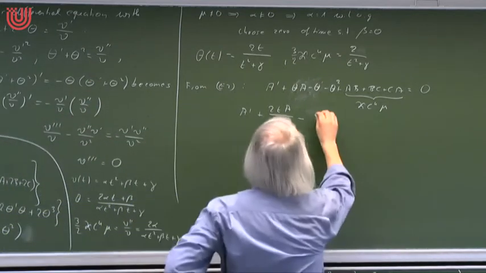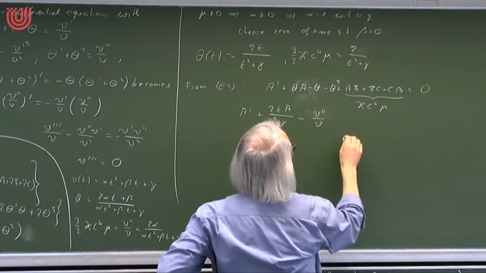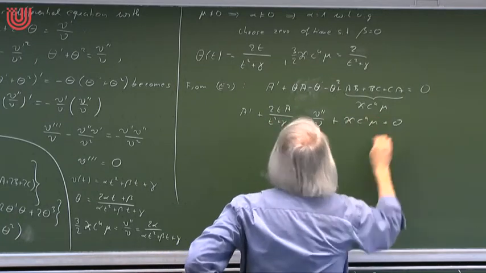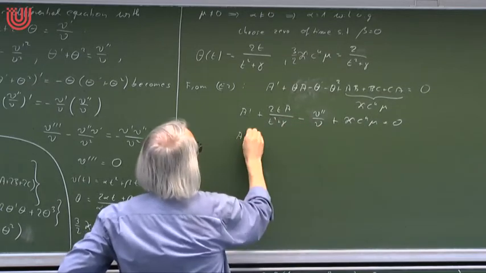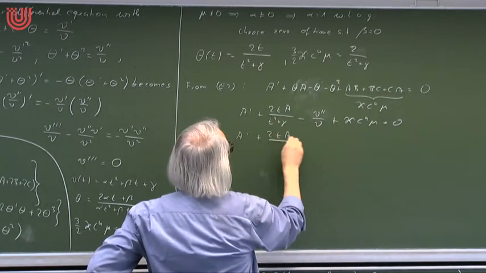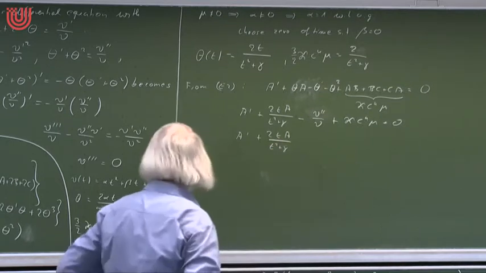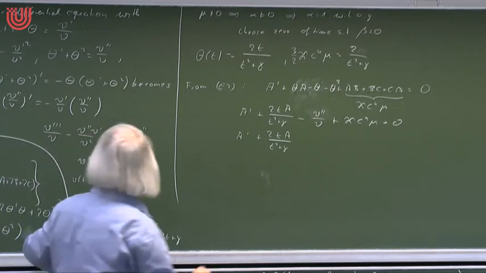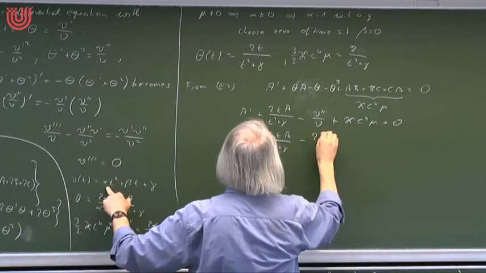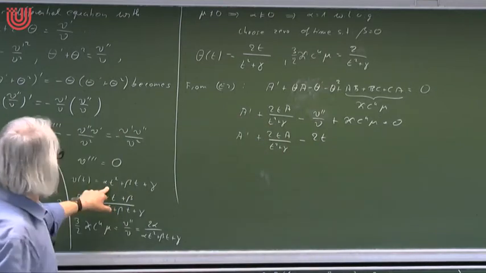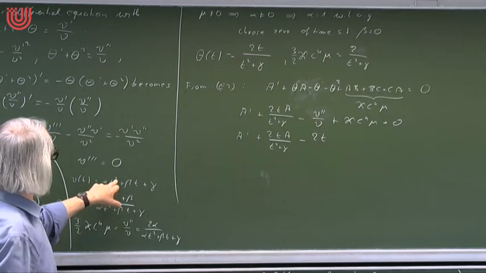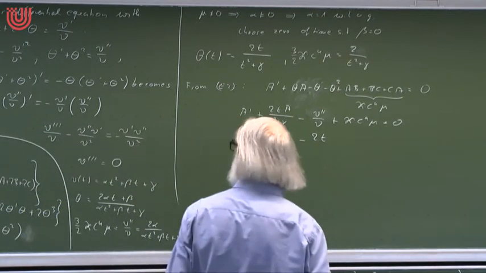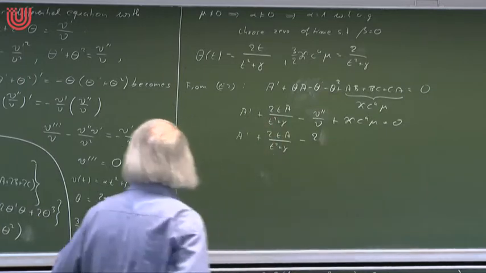So this is minus V double prime over V plus, let me write it again, kappa C to the 4 mu is 0. And now we can insert the expressions. A over t squared plus gamma. Minus V double prime is, if I differentiate this twice, I get minus 2.